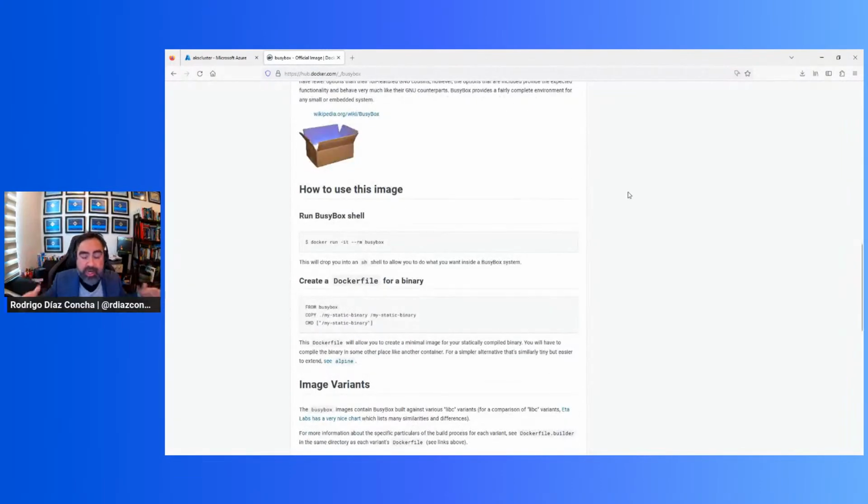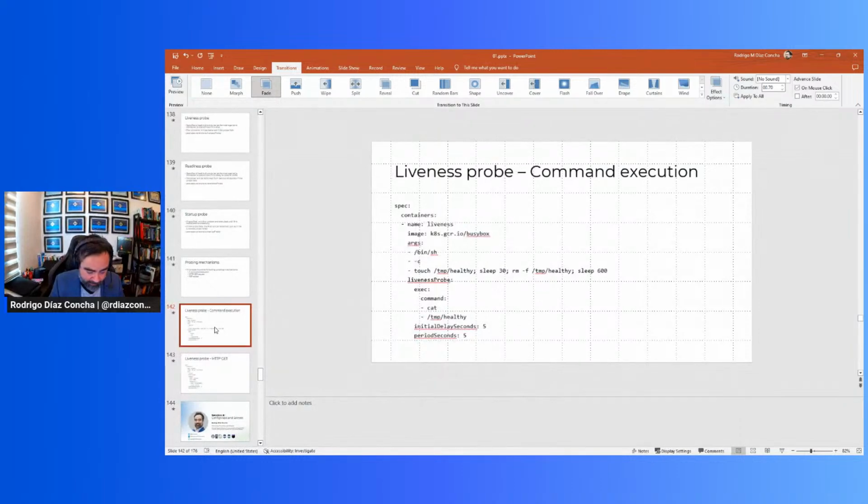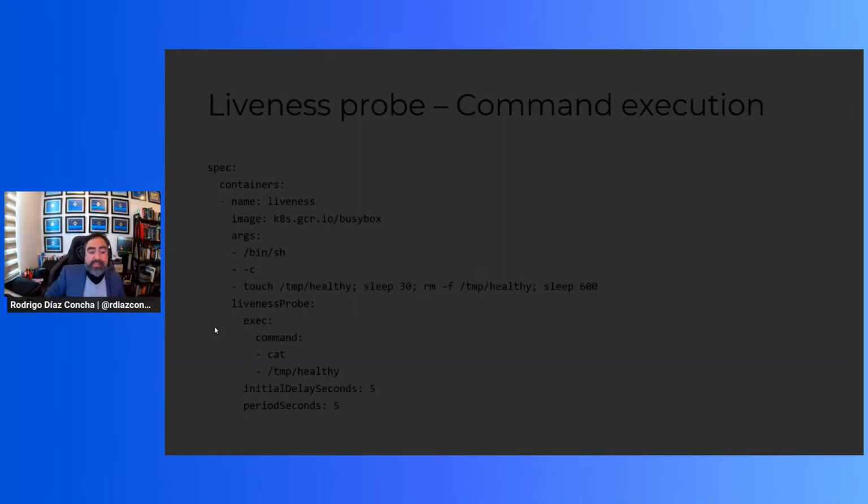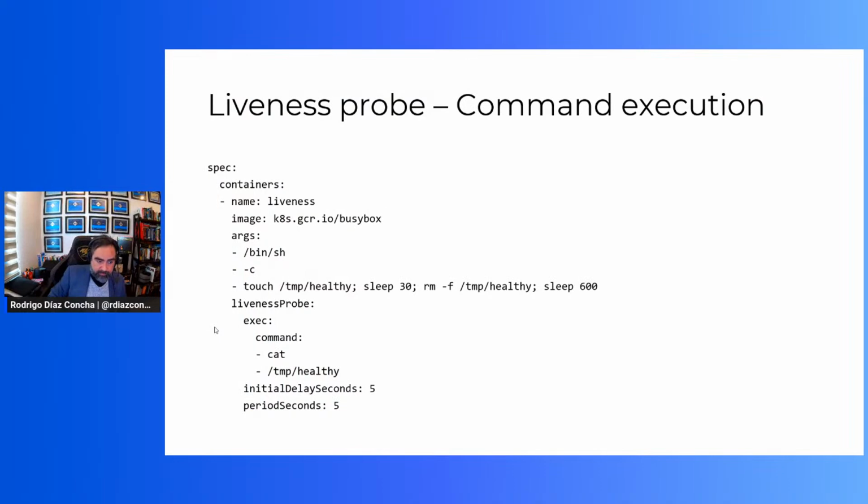It has dozens and dozens of different applications and commands. So this demo is using BusyBox, and as you can see, this is executing touch. In other words, it's creating a new file and then it's waiting for 30 seconds.